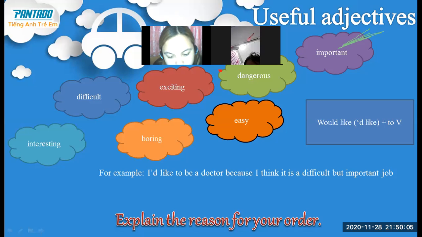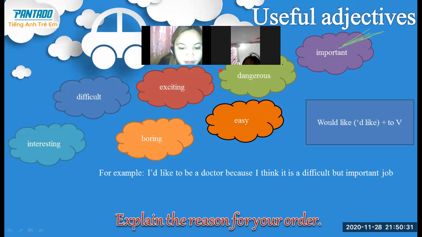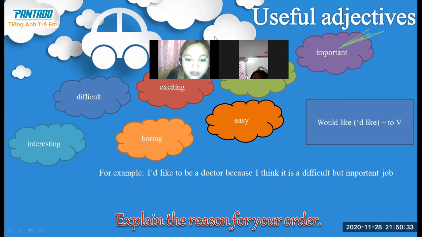Okay, you just have to explain. Okay, and you just have to explain your answer. Why do you want to be an actress when you grow up? Choose your words there.